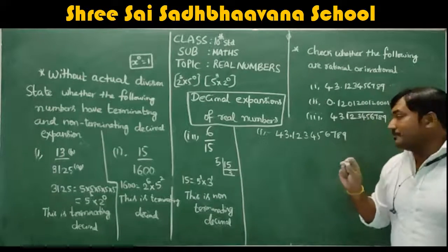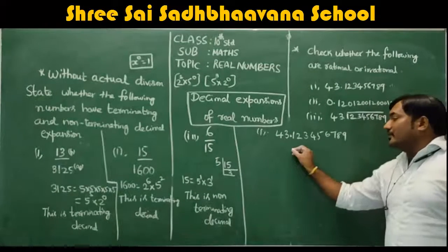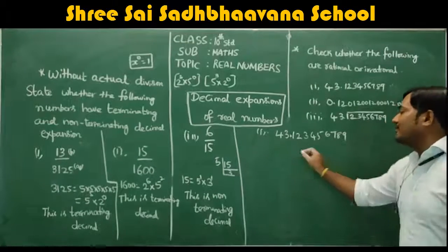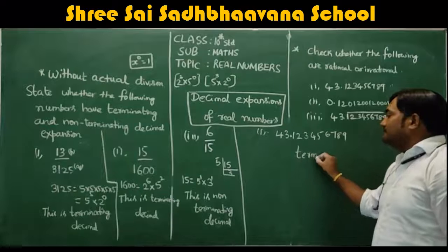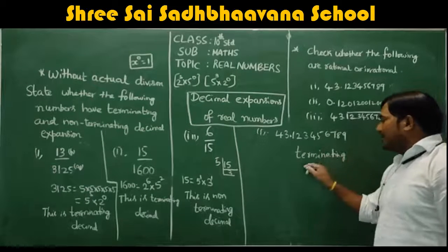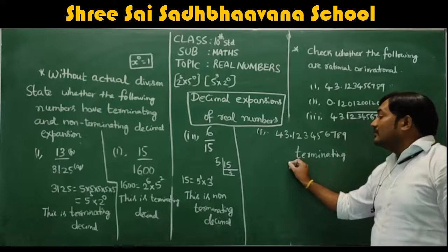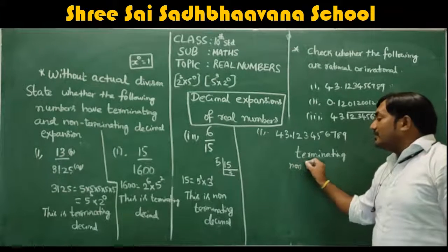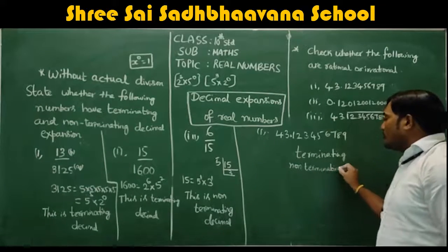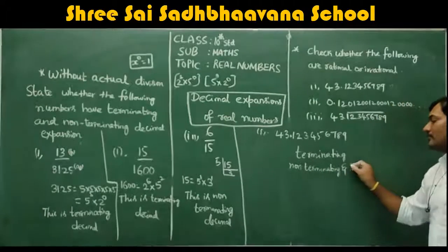See, two cases are there. One is a decimal expansion that is terminating. Next, non-terminating and repeating.